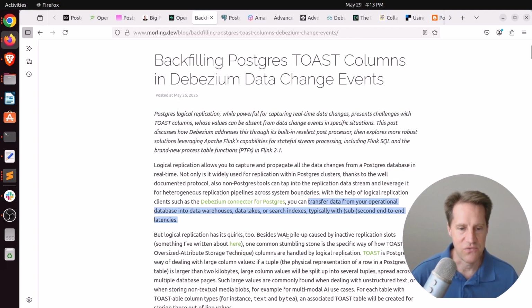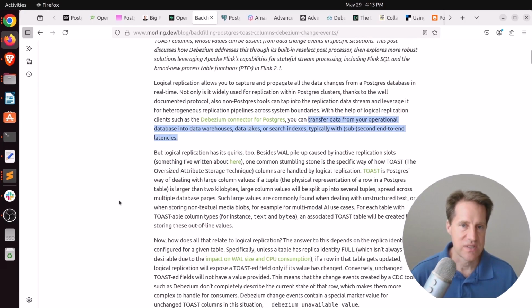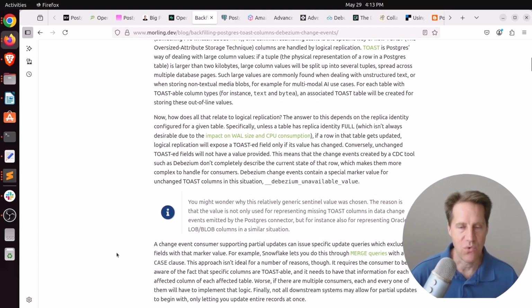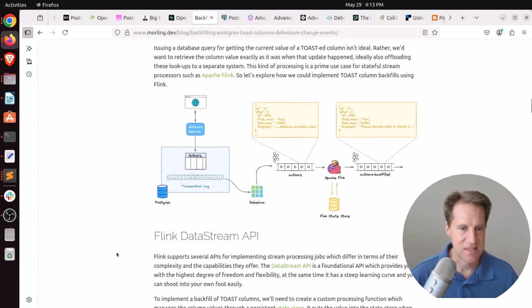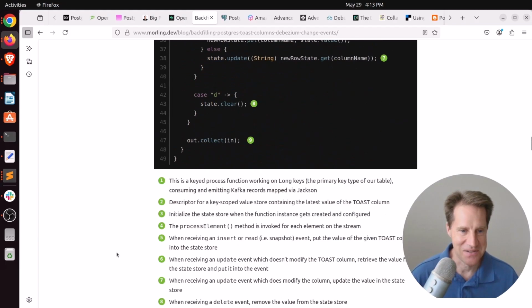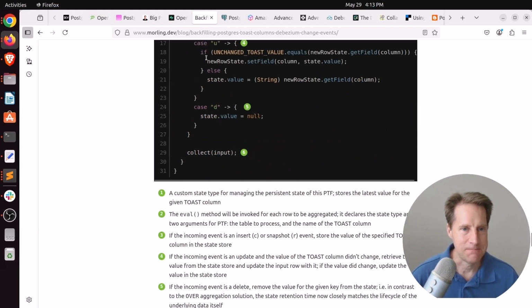But he says there are a few quirks about that, particularly with regard to TOAST columns, because when an update happens, if the TOAST is not modified, it does not send it over again in the WAL stream. So basically, you have to go in and backfill what that value is. So this blog post discusses that in definite detail. So if you're interested in that, definitely encourage you to check out this piece of content.